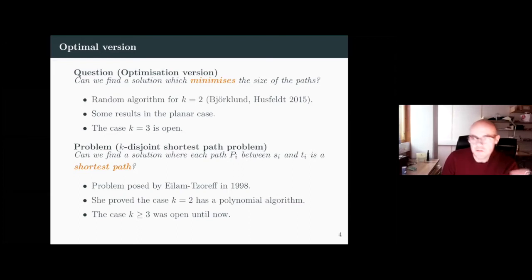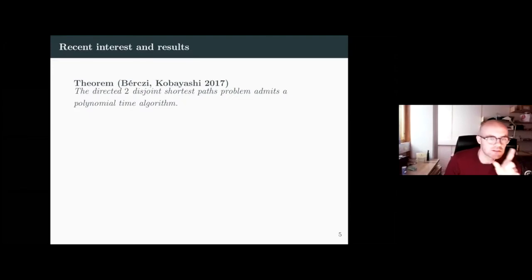This is quite an old question, but it has received some attention lately, particularly because of the following result by Bérczi and Kobayashi, 2017, which says that in directed graphs, the two disjoint shortest paths problem admits a polynomial time algorithm. This is in contrast to the normal disjoint paths problem in directed graphs, which is NP-hard for k equal to 2.